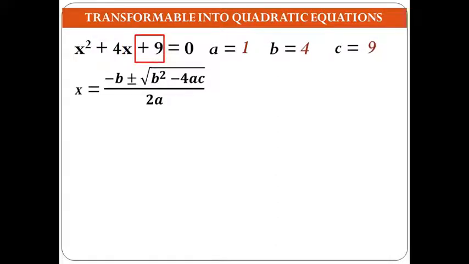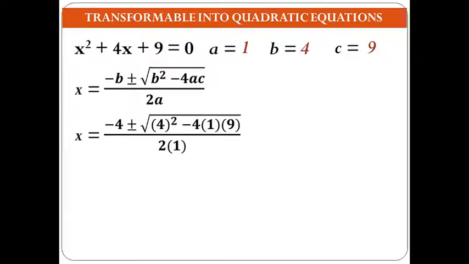Now, substitute all the given values. So, negative muna, negative B. B is 4, so 4. Positive, negative, square root of. So b is 4 minus 4, a is 1, and c is 9. All over a is 1.